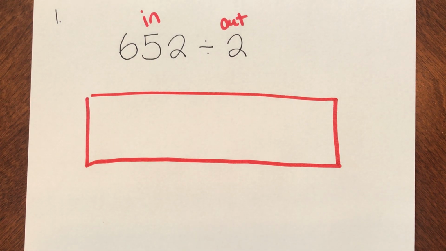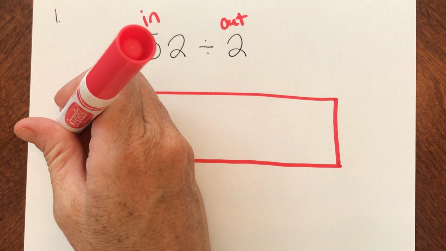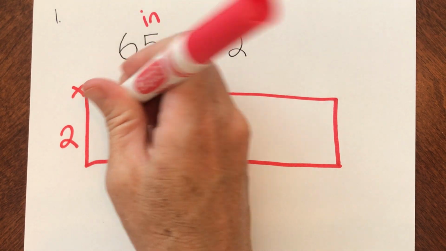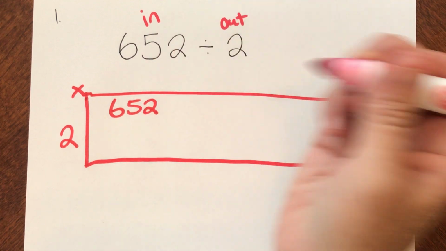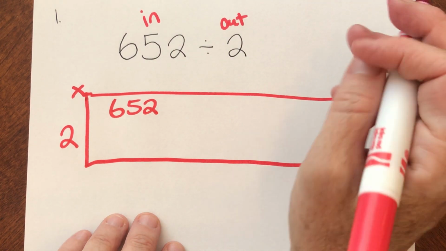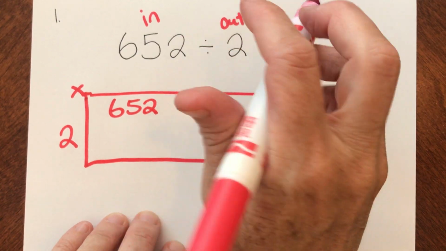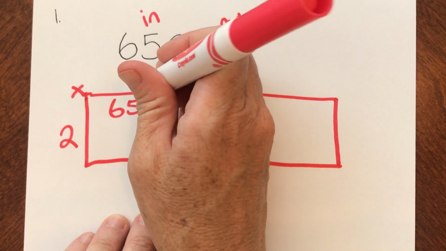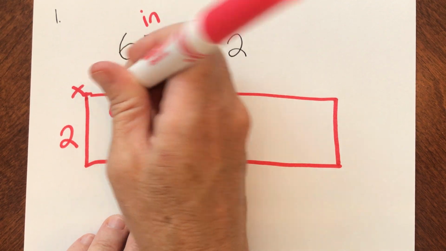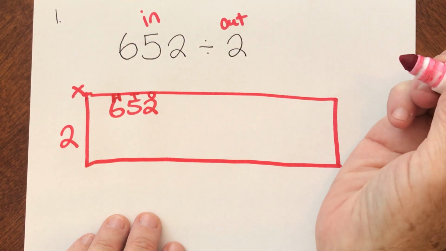Then I'm going to put my divisor outside, a multiplication sign, and my dividend inside. They don't tell me to do this, but another thing that I like to do is have my place values on top. So ones, tens, hundreds. And I'll show you why in a minute.